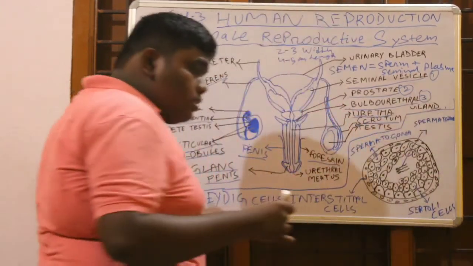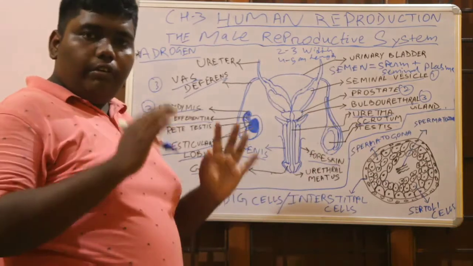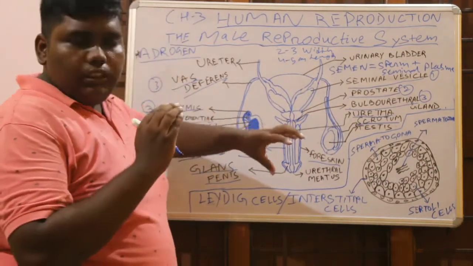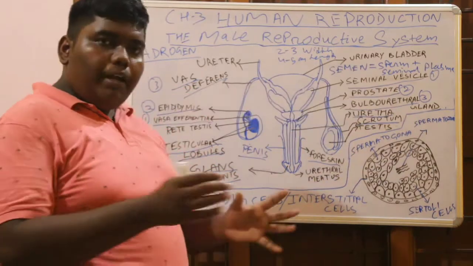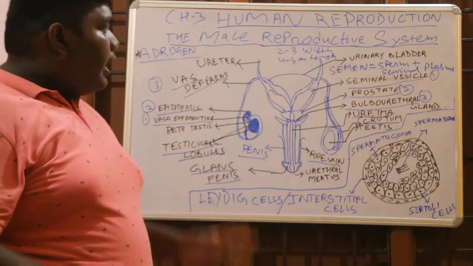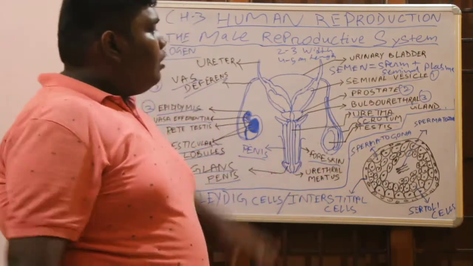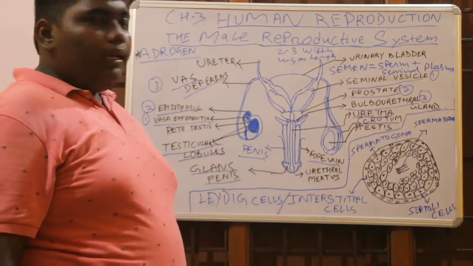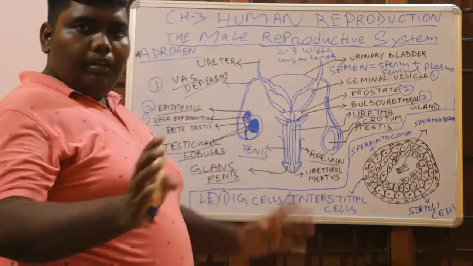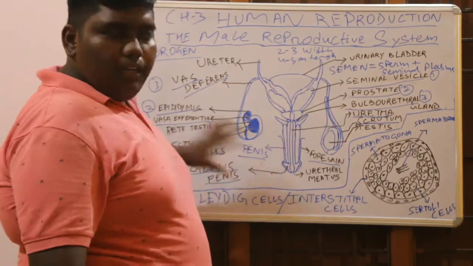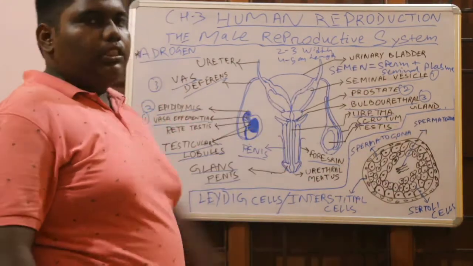Okay, these three glands secrete the secretions. Those secretions combinedly form the seminal plasma, in which the sperm is present, and these totally combine to form the semen that is ejaculated from the male reproductive organ. And this is what the male reproductive system consists of.